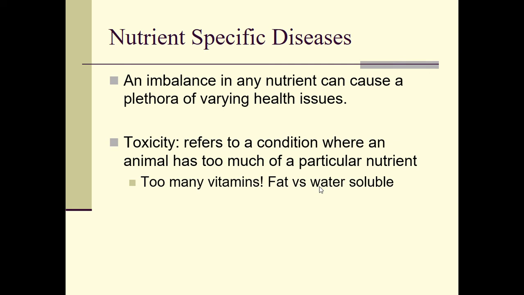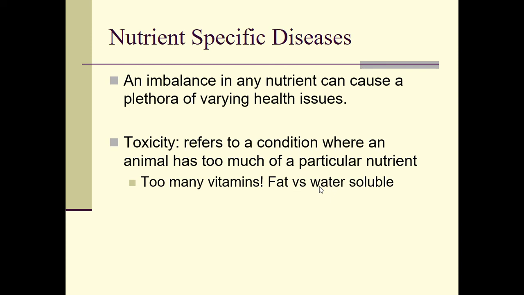And when you have too much liquid in the body, what does an animal do? It pees, right? So it's really hard to have a buildup of too many water soluble vitamins like vitamin C and vitamin B, because they just get flushed out in an animal's urine.